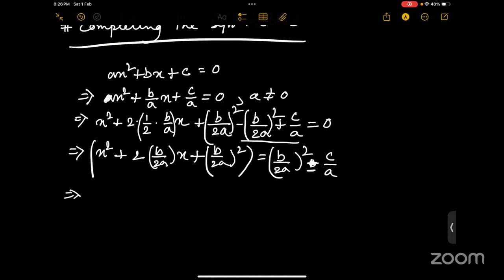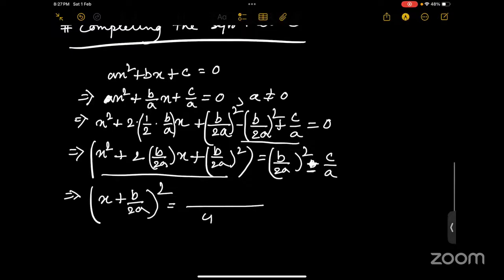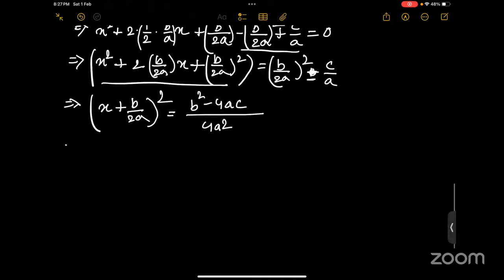So this is in perfect square form. We can write it as x plus b by 2a whole squared, and this will be b squared minus 4ac over 4a squared.